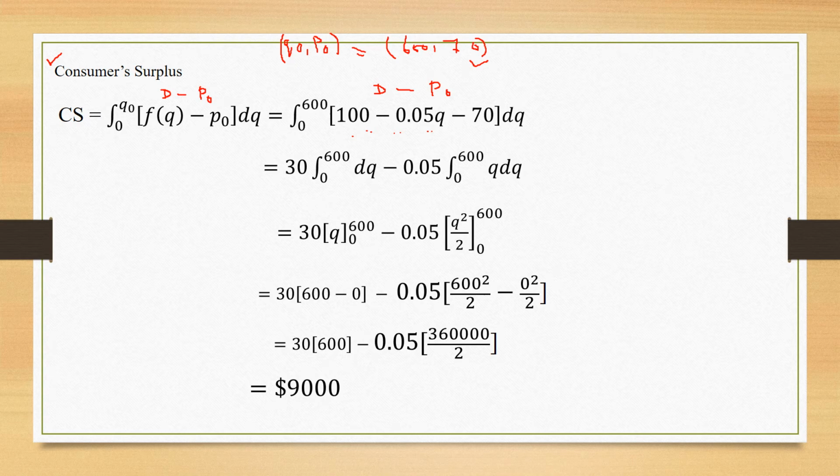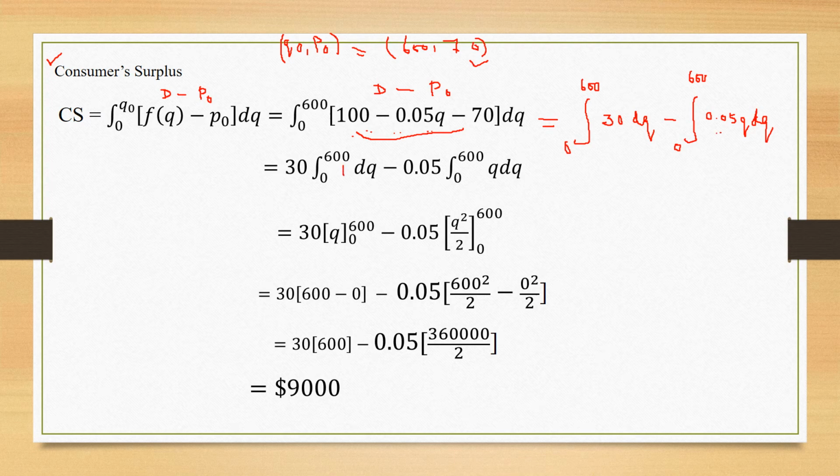After this, 100 minus 70 becomes 30, so from 0 to 600 we have 30 minus 0.05 Q, D of Q. Apply separate integration on both terms: plus 30, the constant term, goes outside the integration, with the definite integral from 0 to 600 of 1.